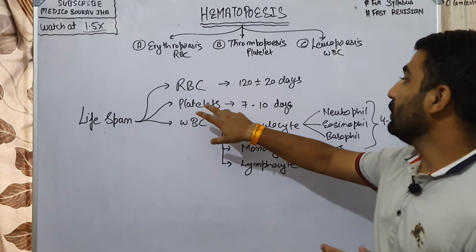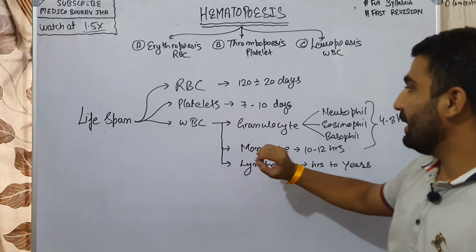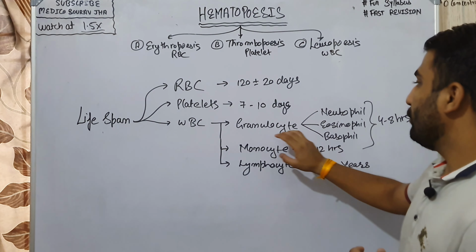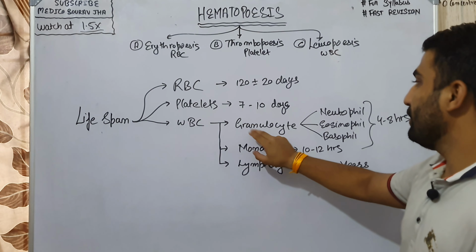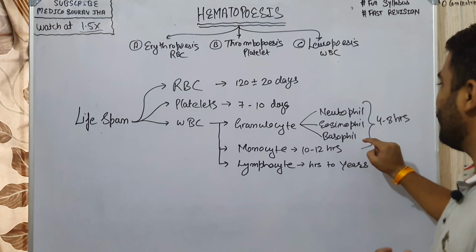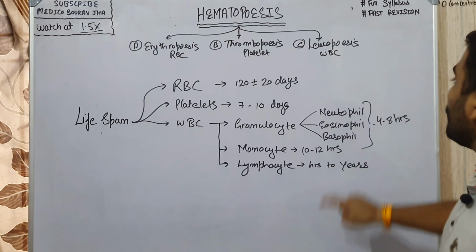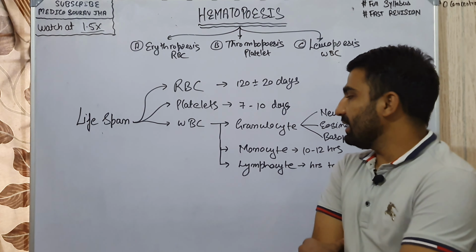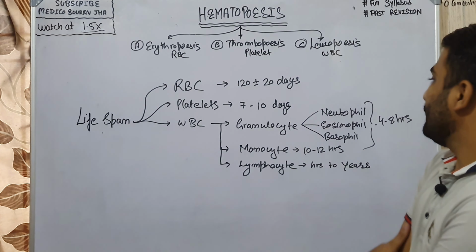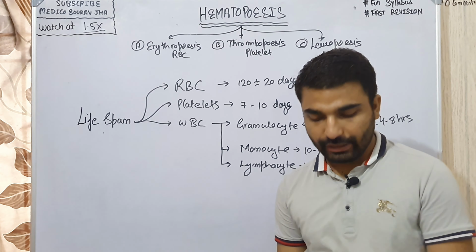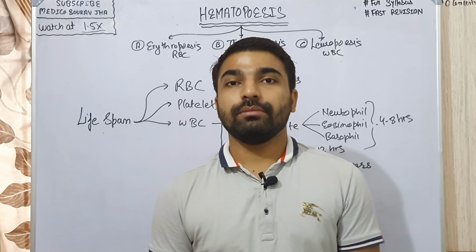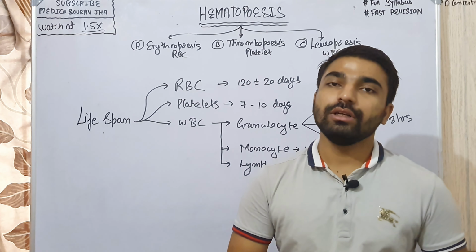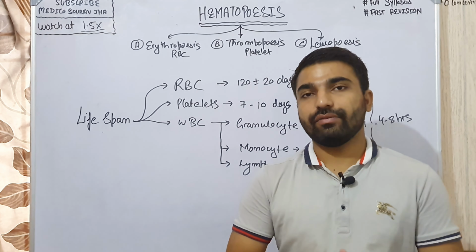Okay, so the platelet has 7 to 10 days of lifespan, and among WBCs, the granulocytes, which are neutrophil, eosinophil and basophil, have 4 to 8 hours of lifespan. So if we see raised neutrophils, eosinophils or basophils in the blood film, we can easily assume that they can go down within hours or within days.